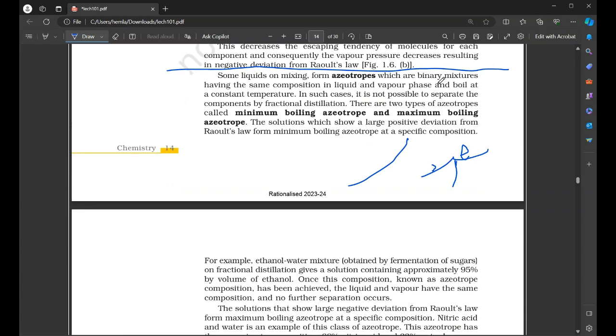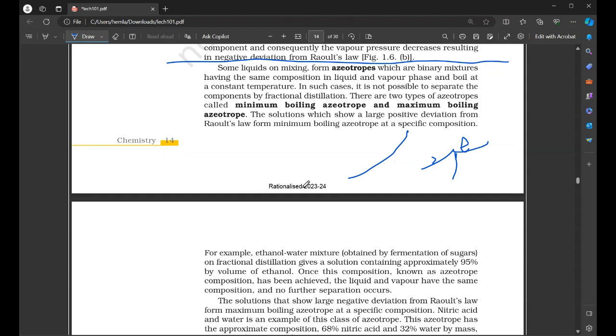Now, an azeotrope is a mixture which has the same composition in both liquid and vapor phase, and they boil at the same constant temperature. There are two types of azeotropes: minimum boiling azeotrope and maximum boiling azeotrope. Let's see what it means. Solutions which show a large positive deviation from Raoult's law form a minimum boiling azeotrope at a specific composition.